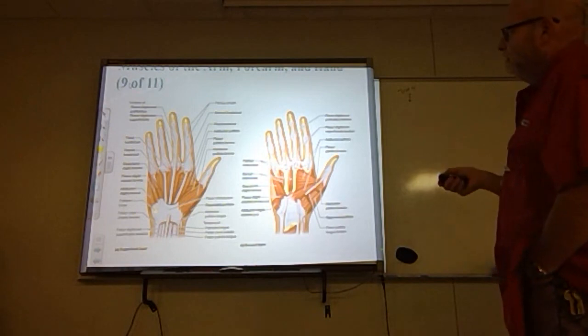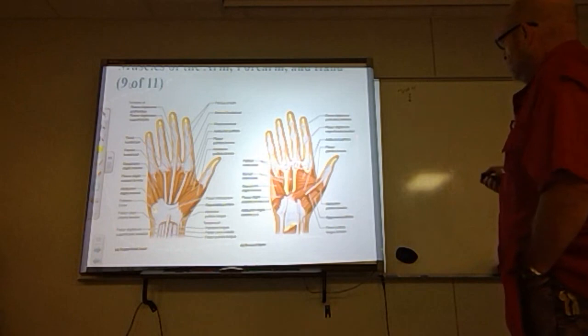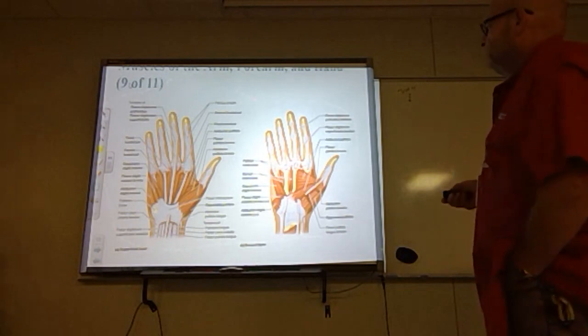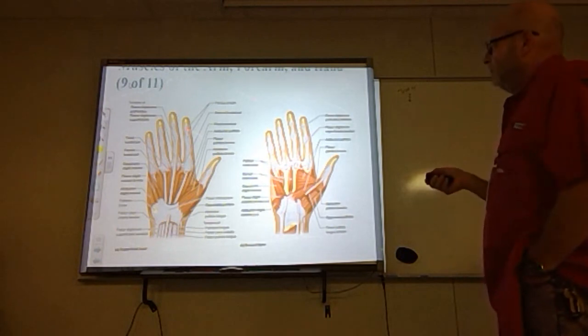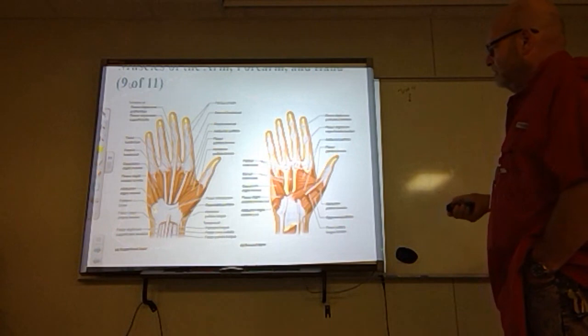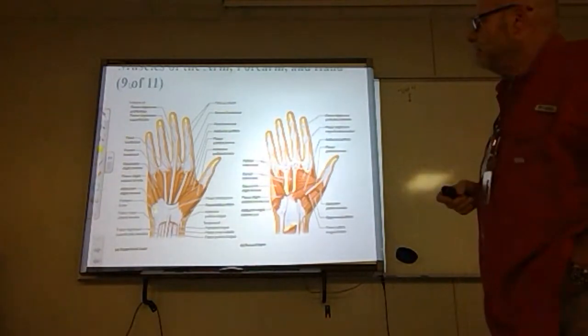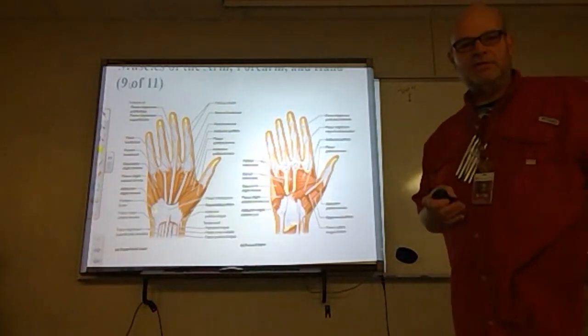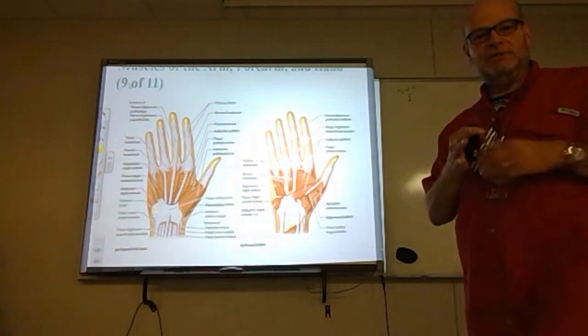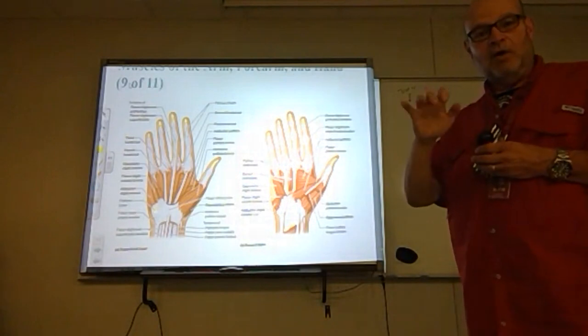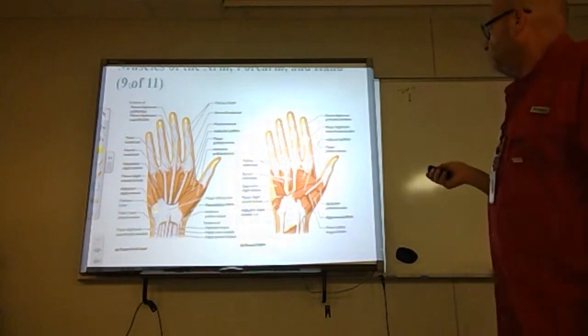Again, you could spend a week just trying to learn all of the muscles of the hand. That's one of the reasons that if you hurt your hand or injure your hand, many times you will be sent to a hand specialist. Yes, there are orthopedic surgeons out there, but many times a hand is so intricate, you would go to a hand specialist.